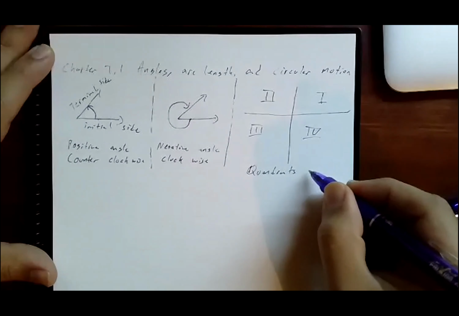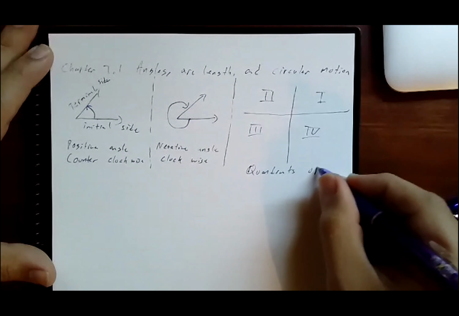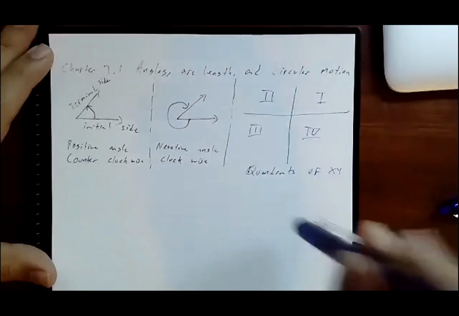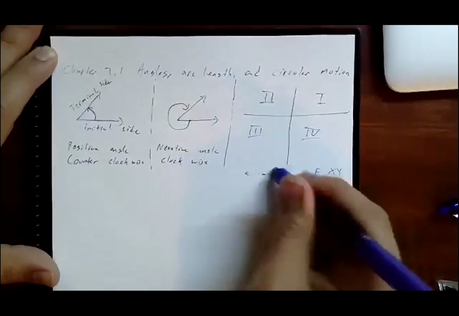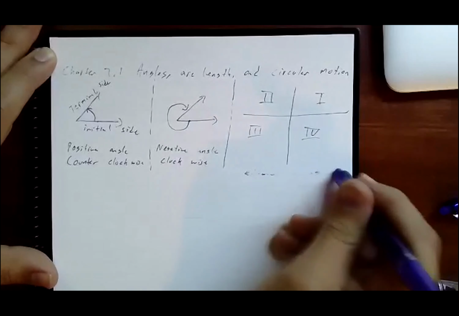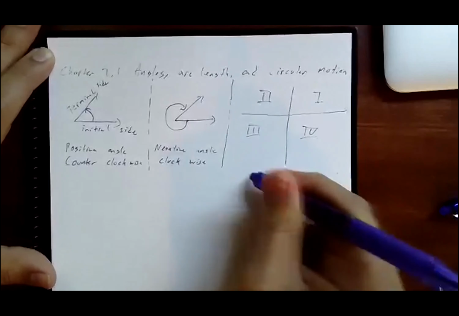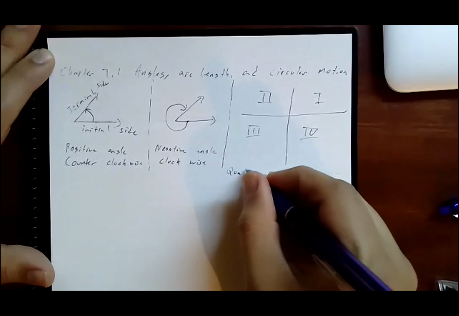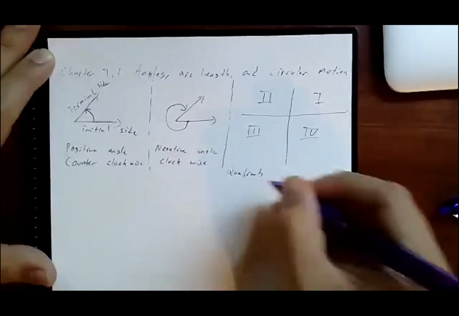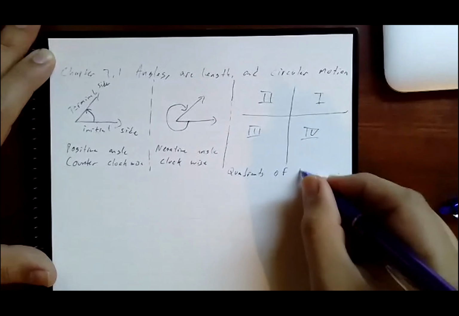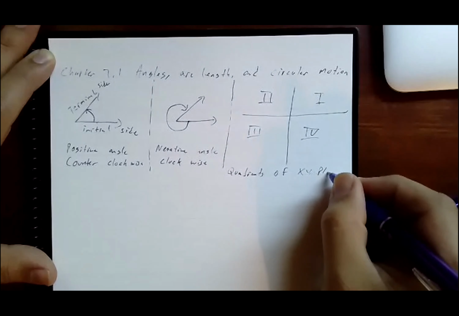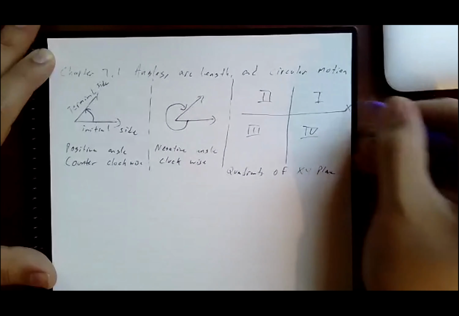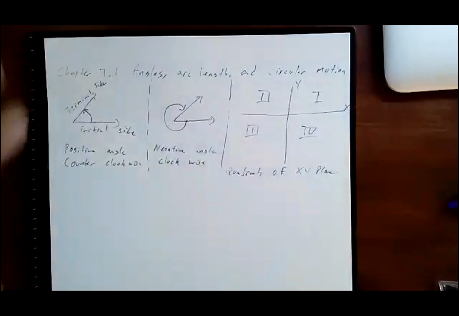Quadrants of the XY plane. So this is just X and Y. This is still the X and Y coordinates.